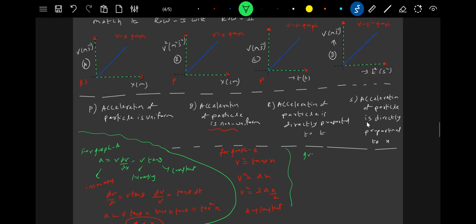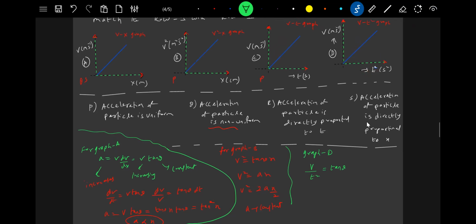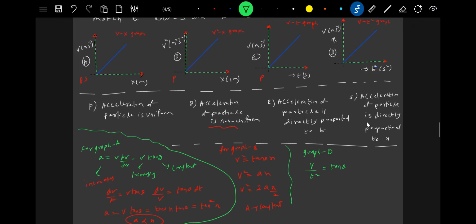This is for graph D. v by t square equal to tan theta. So this I'll differentiate.